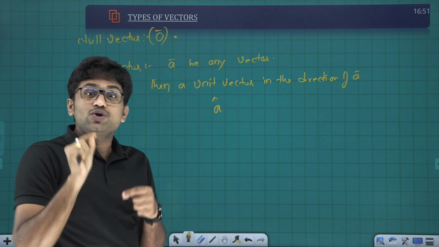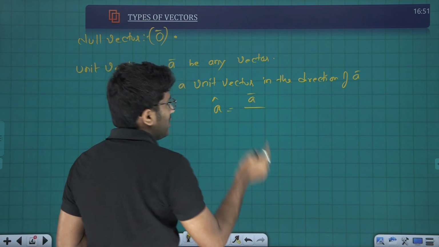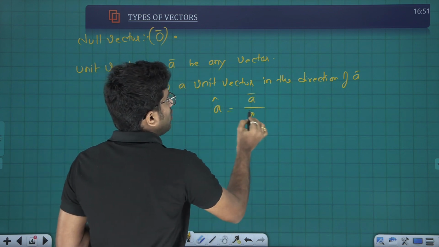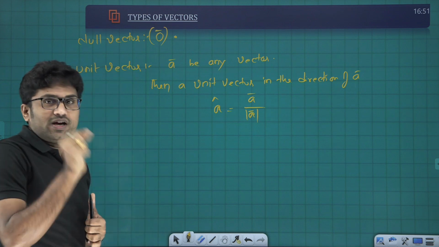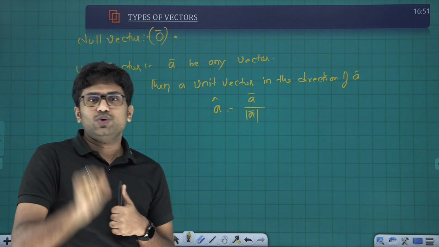A cap denotes the unit vector in the direction of A bar. And how do you get it? When you divide a vector by its modulus or magnitude. When you divide any vector by its magnitude, then such a vector is called a unit vector.